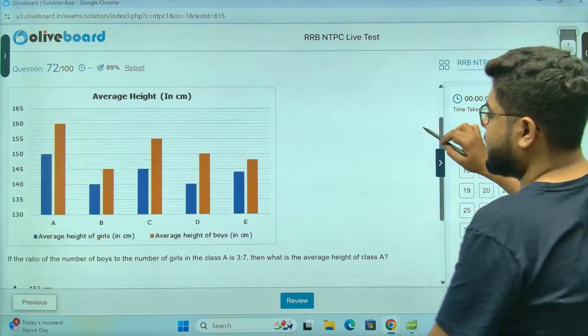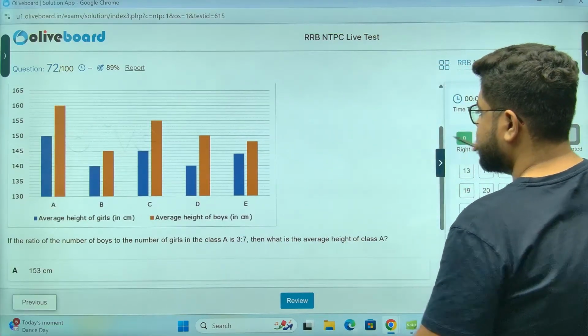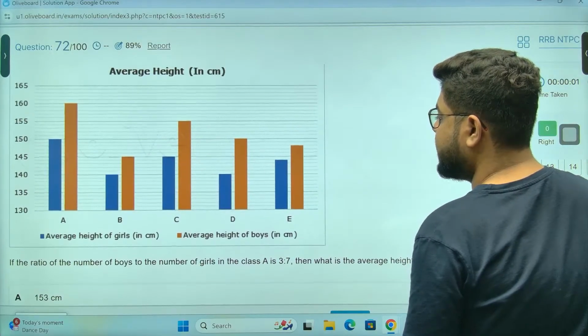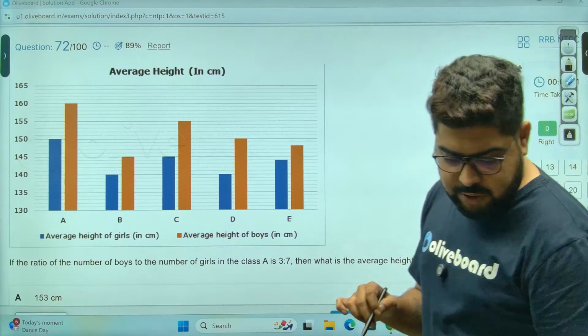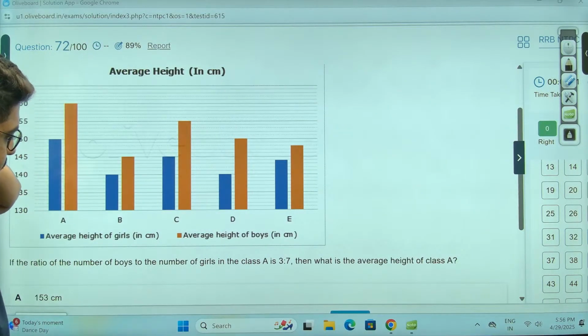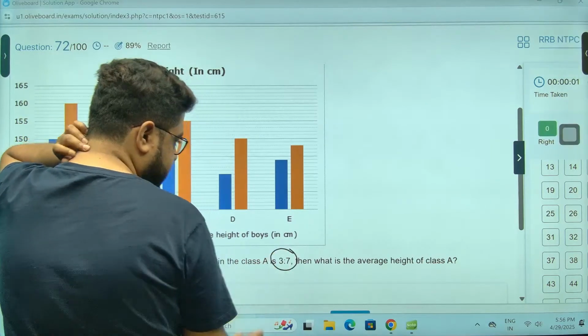Average height. Boys and girls in 6 classes, in centimeter. I cannot see the options, so please help me out with options if needed. Ratio of number of boys to the number of girls is 3:7.